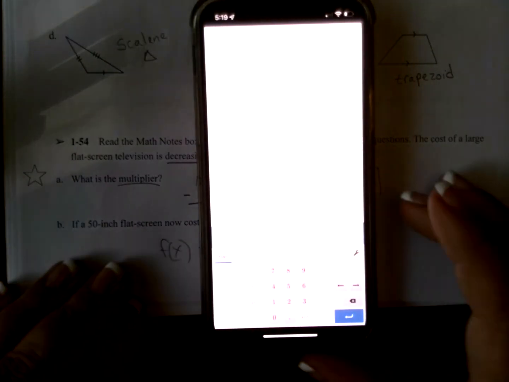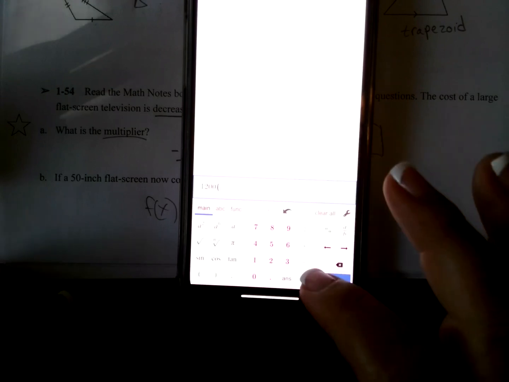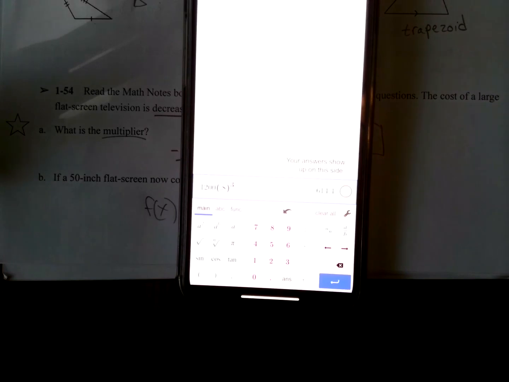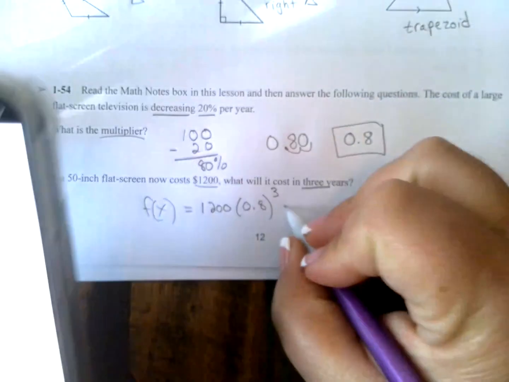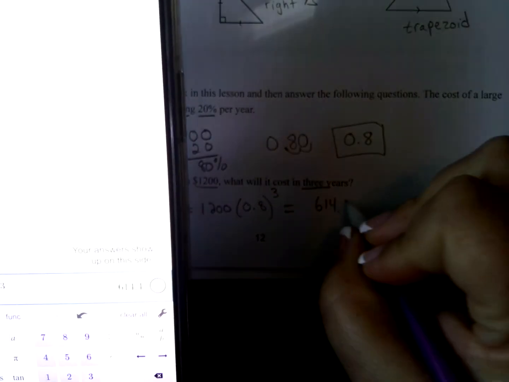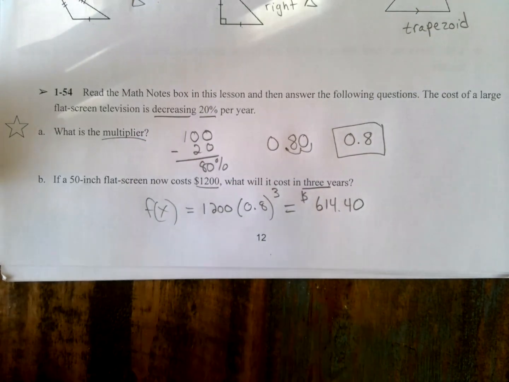That is the most effective calculator, I feel. Okay, so I just put in 1,200 times 0.8 to the power of 3. And then you can see it's $614.40. That's how much it will cost.